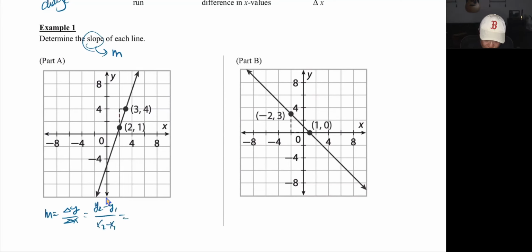So what are the two y values? 4 and 1. You subtract them. The difference of 4 and 1. And you have to be consistent with the top minus the bottom. So we're going to go top minus the bottom, which will be 3 over 2. So the difference of 3 and 2. That's 3 over 1. So my slope over here is 3. Okay. How about for part B?